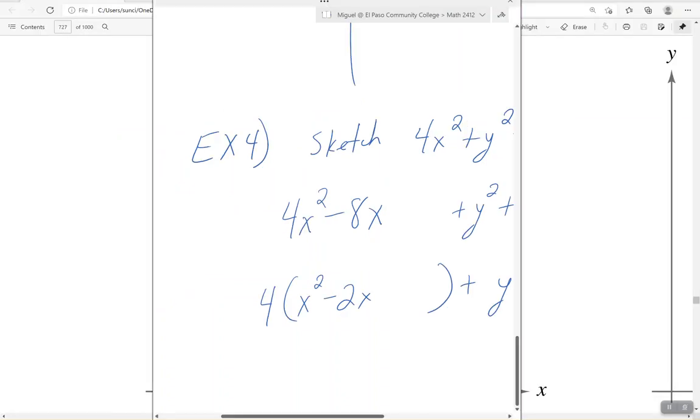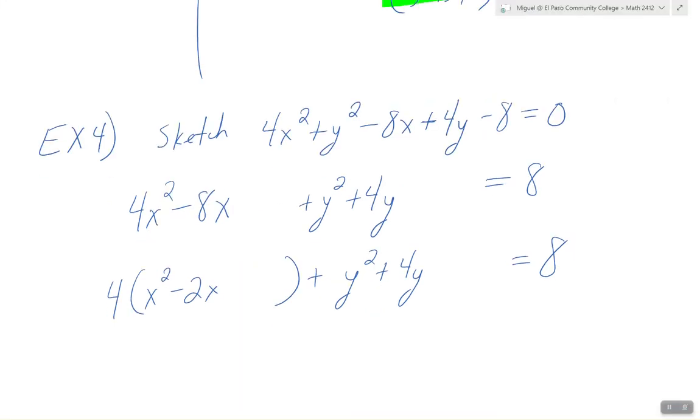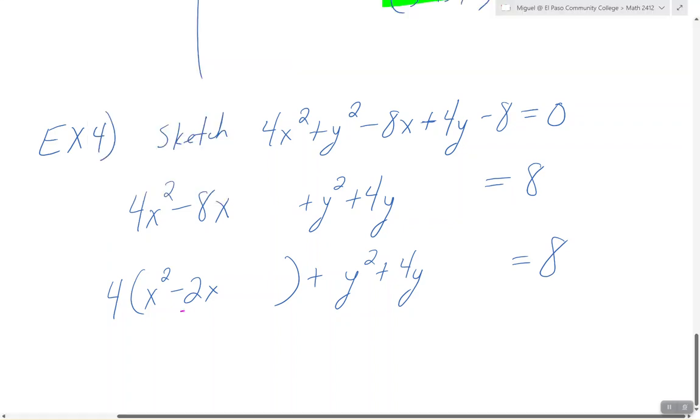Once that's done, we can complete the squares. So it's the coefficient that's in front of the single x and the single y. You divide it by 2 and square it. So 2 divided by 2 is 1. 1 squared is 1. 4 divided by 2 is 2. 2 squared is 4.